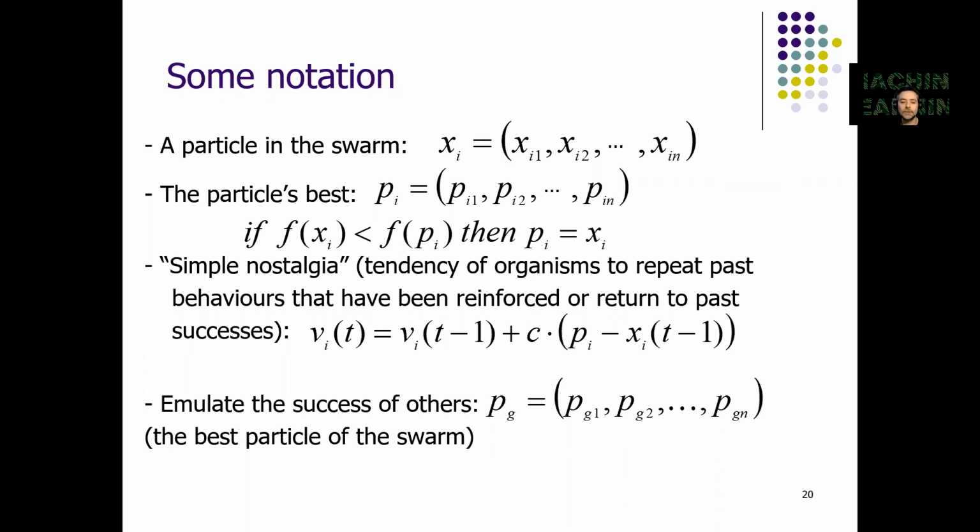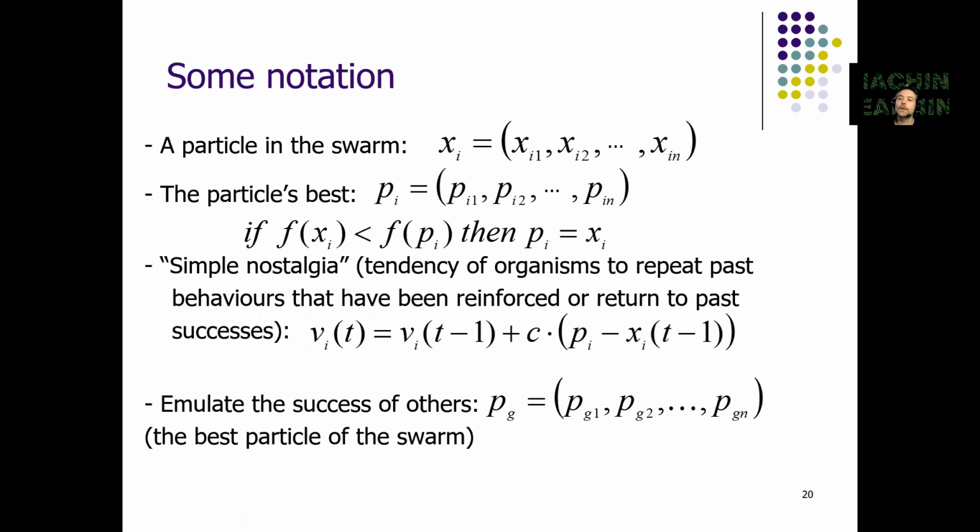This concept is represented in a very simple way by an equation like you see on the slide, VT. It's called velocity of the particle, which is based on the previous velocity plus some kind of correction. In this case, the correction is the difference between the values of the particle, the vector xi, and the particle's best.